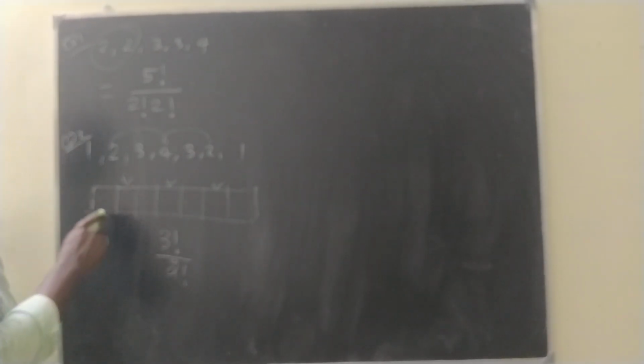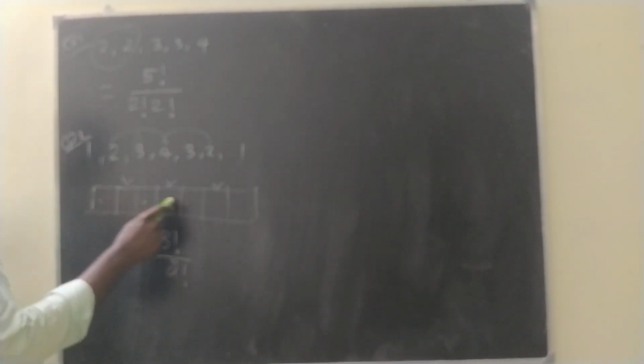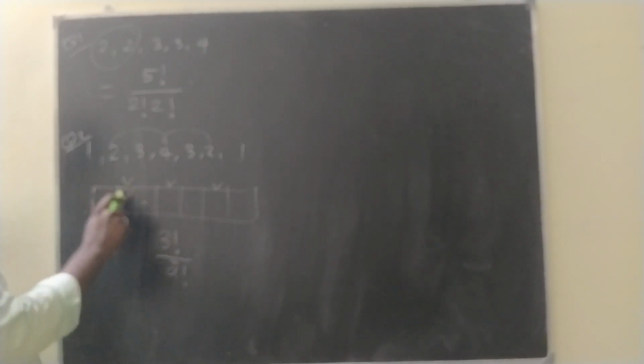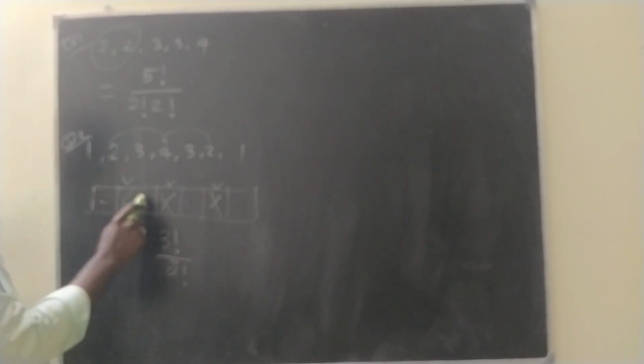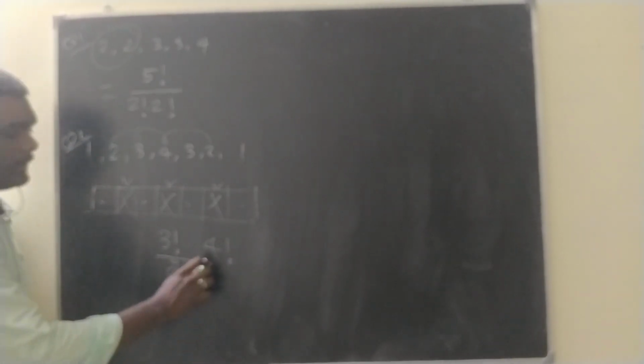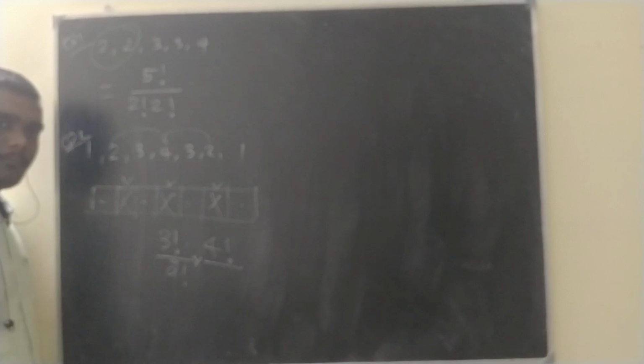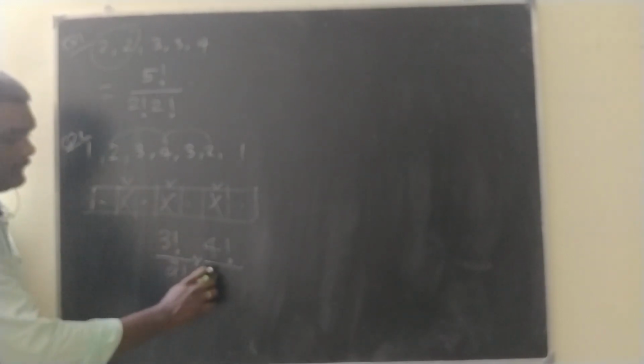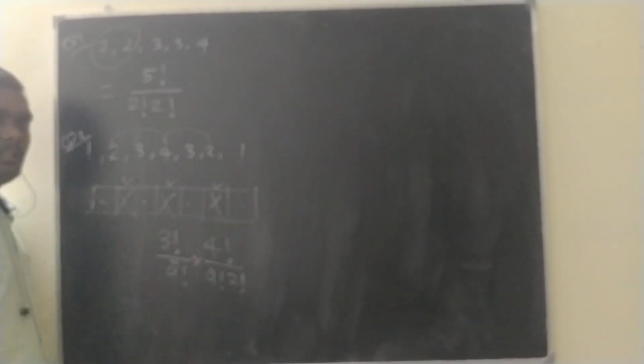How many boxes? 4. Then the remaining numbers are 4, taken 4 at a time: 4 factorial divided by 2 factorial into 2 factorial. These two have to be multiplied. Clear?